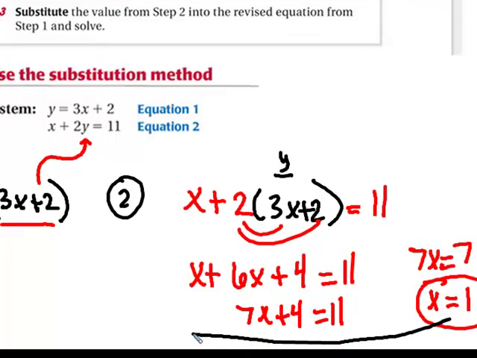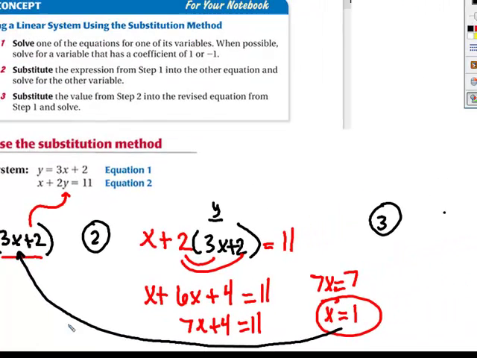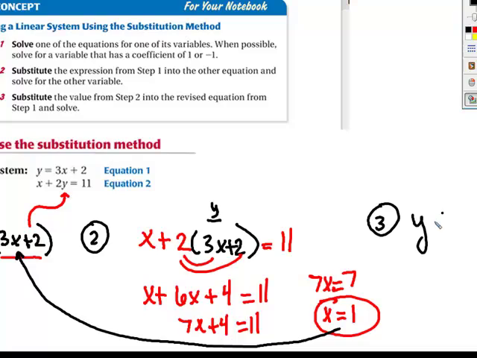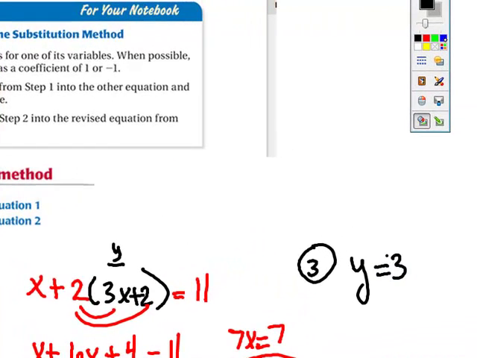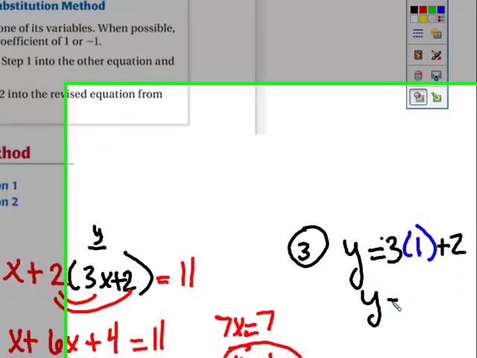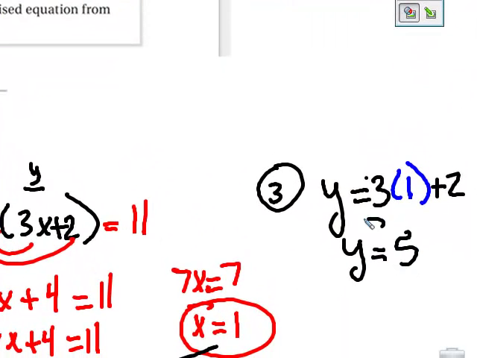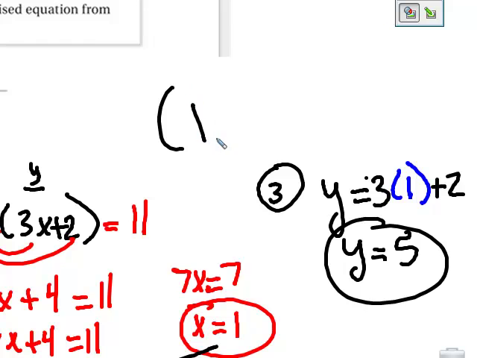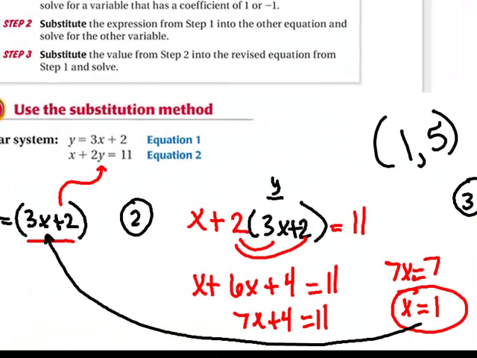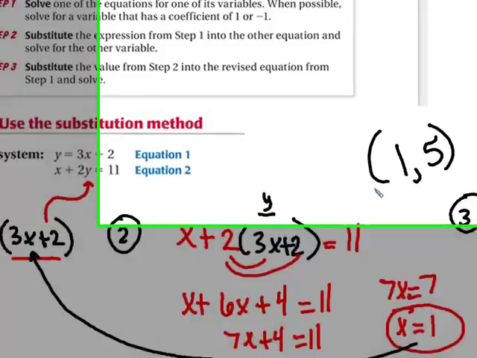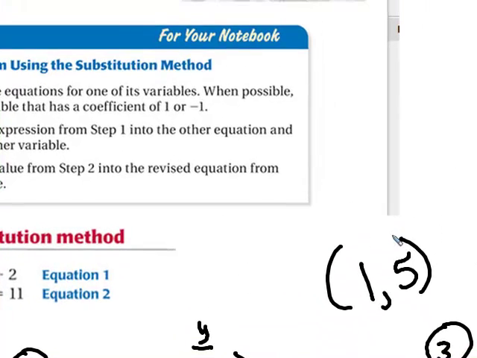So I'm going to put this x right in here. So I have y equals 3 times 1, because there's my x, plus 2. So y equals 3 plus 2, which is 5. So my solution, I still want you to write as an ordered pair. It's (1, 5). If you were to graph these, they would intersect at the point (1, 5).